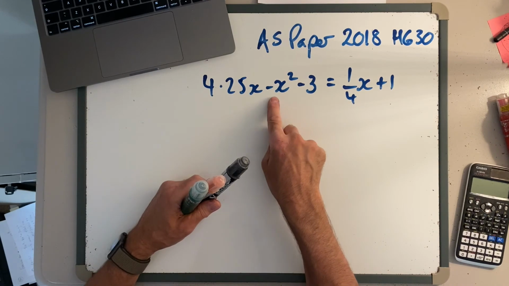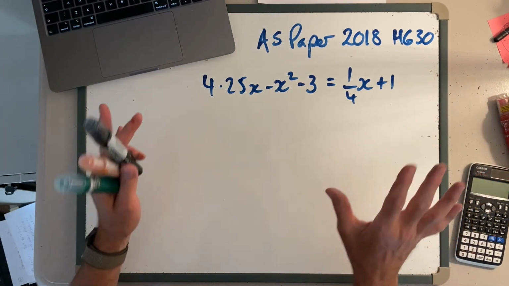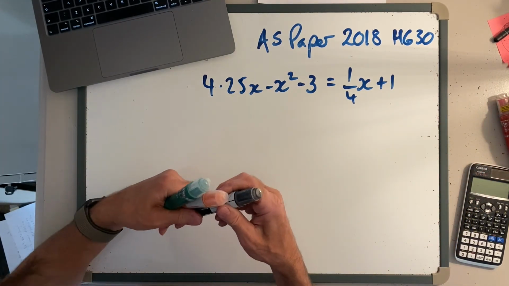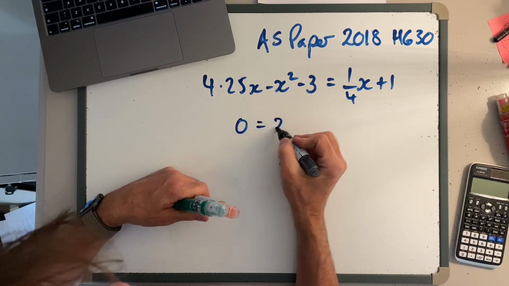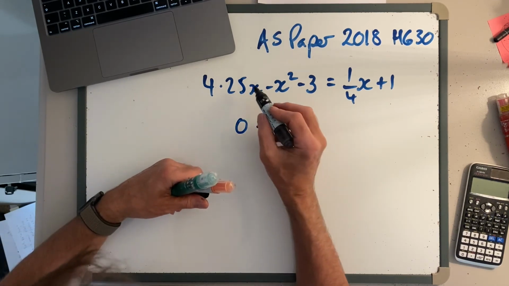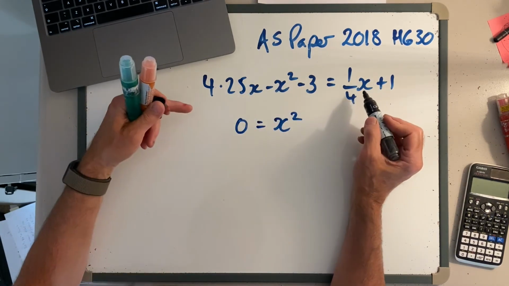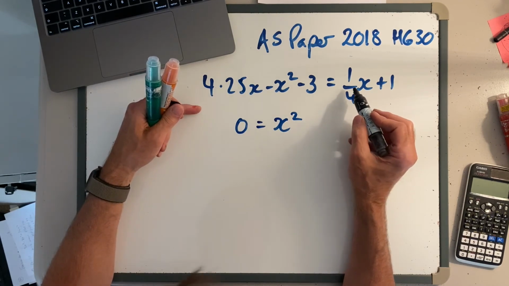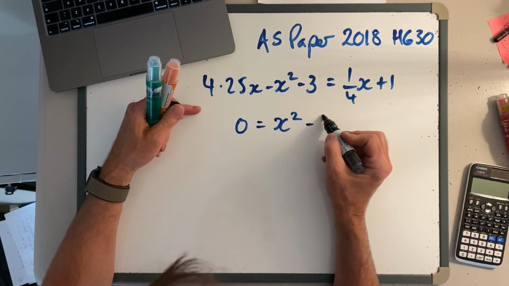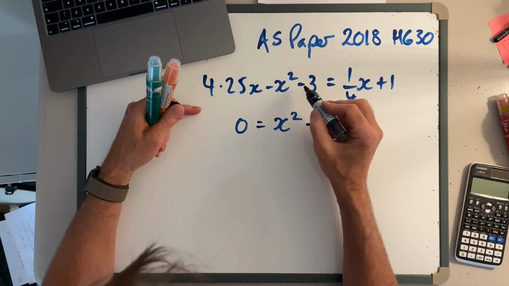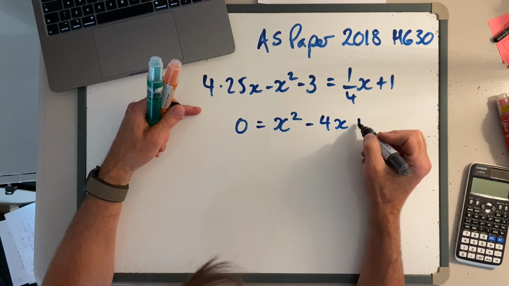So I've got the minus here. I'm going to shove everything over there because that makes it a lot easier to contend with. So I end up with 0 equals x squared, and when that goes over there, nicely, thank goodness, there's a quarter here. So it becomes minus 4x, and then plus 4.